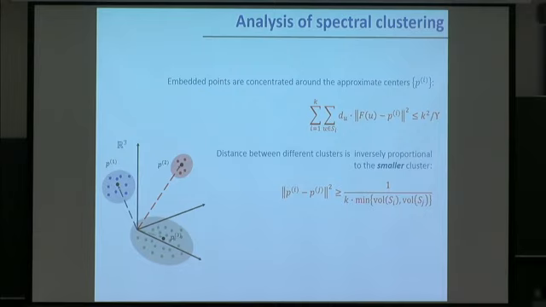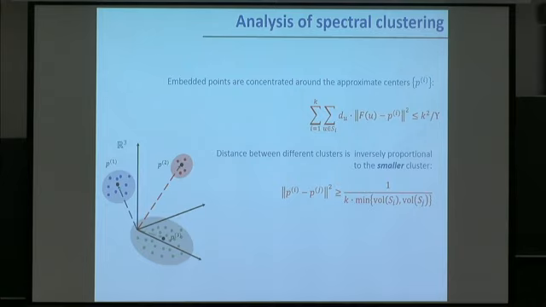This shows that a smaller cluster is far from any big cluster. This is crucial in analyzing the k-means algorithm, because a misclassification of a smaller cluster will introduce a lot of error to the large cluster. And this is very crucial in analyzing the spectral clustering algorithm.